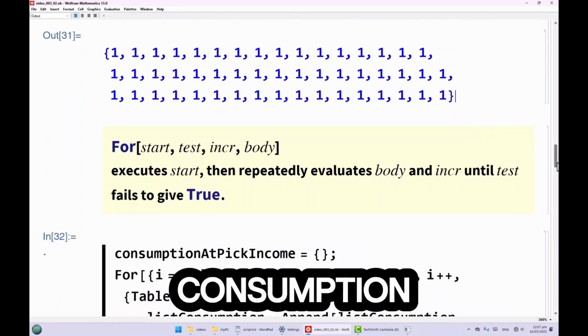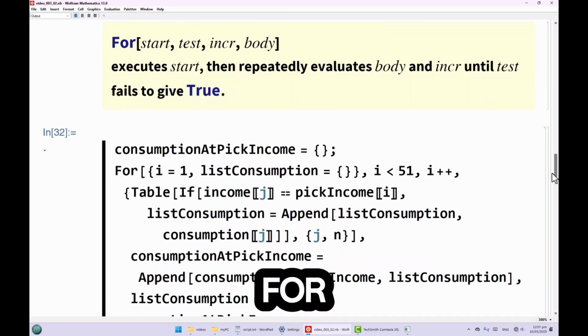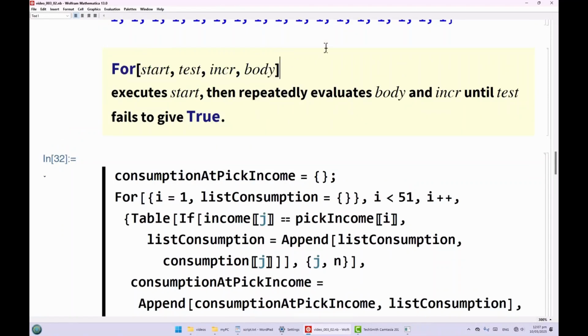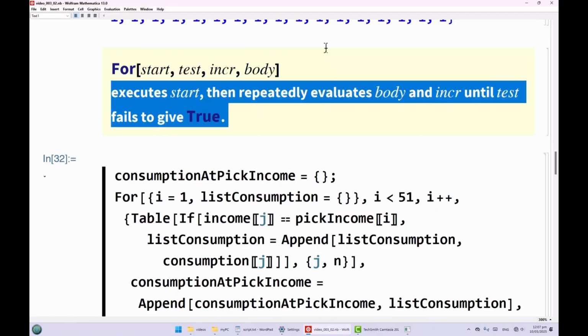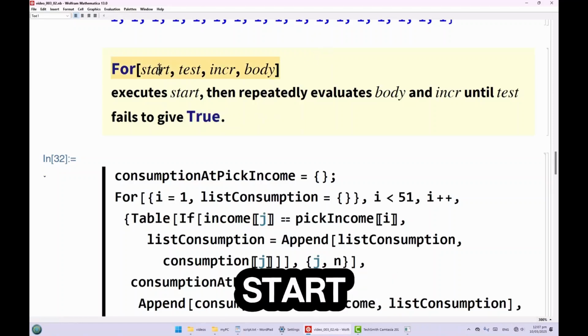To extract other consumption points on the same income level, we can use loop function For of Mathematica. It has 4 arguments: start, test, increment, and body.